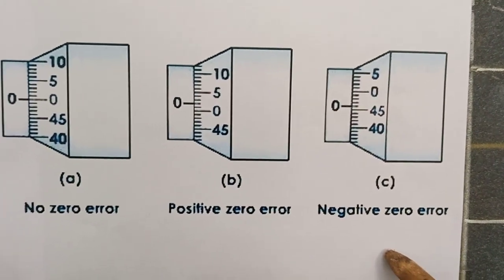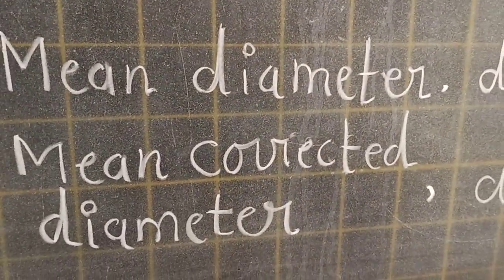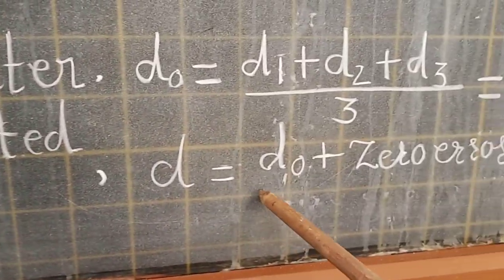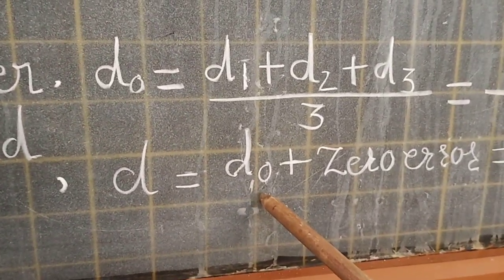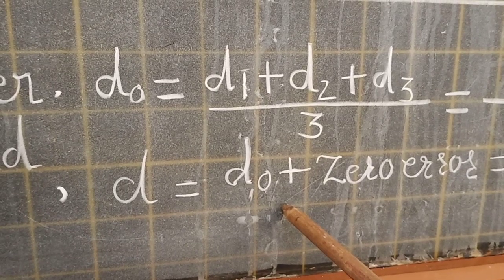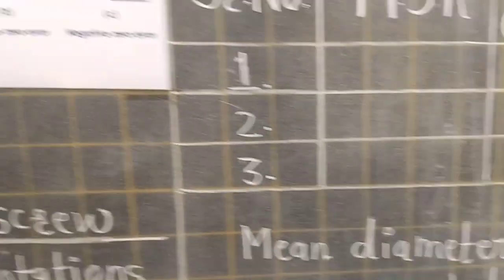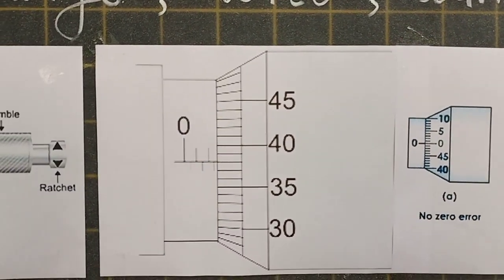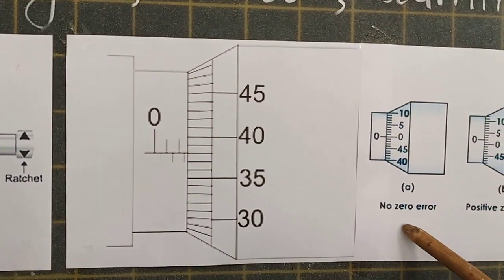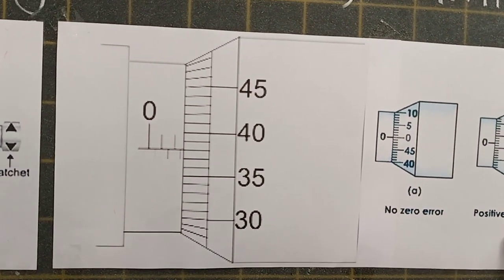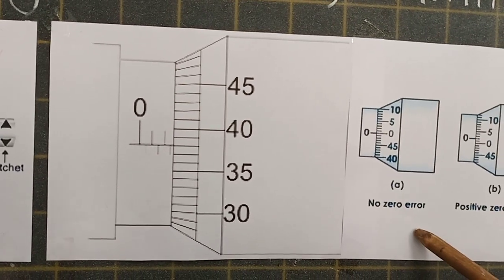Only then are we going to get our corrected reading, meaning the corrected reading is the observed diameter reading plus the zero error correction. Okay, so here we understood how to calculate the readings with the help of the screw gauge.